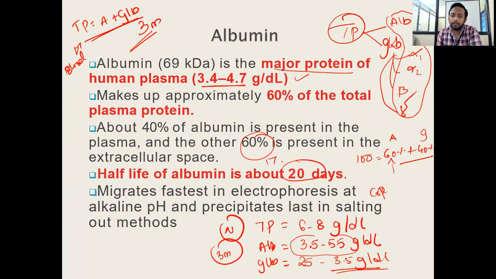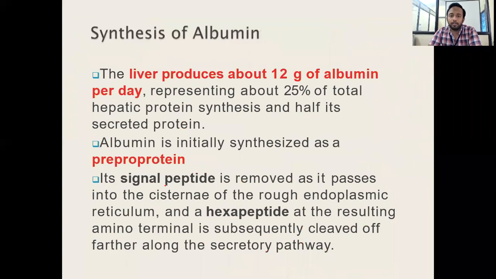It is 17 to 20 days. On electrophoresis it migrates very fast, because it is rich in negative charges, and also when compared to globulins, it is lightweight. Because of these two characteristics, it runs fast on the electrophoresis.